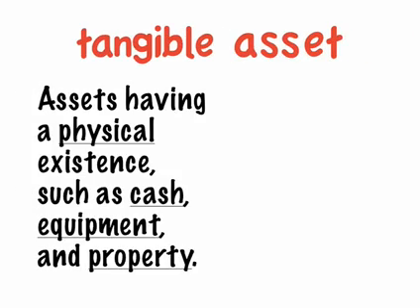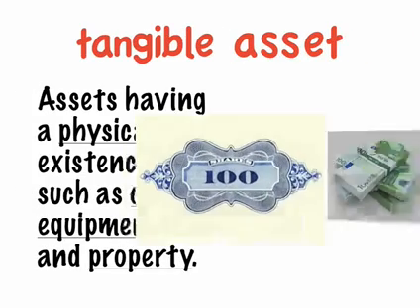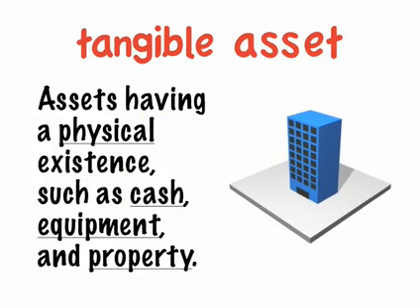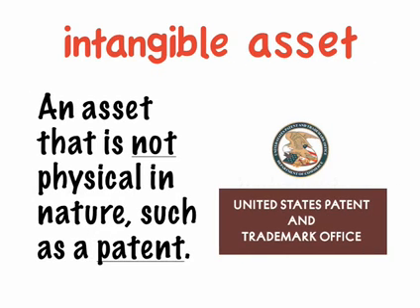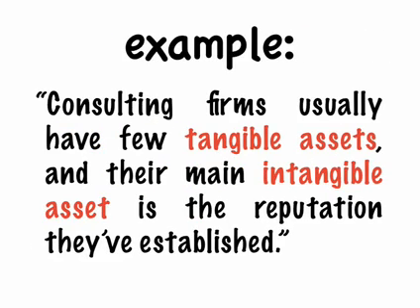An asset may be tangible, like a building, or intangible, like a valuable patent or copyright. Consulting firms usually have few tangible assets, and their main intangible asset is the reputation they've established.